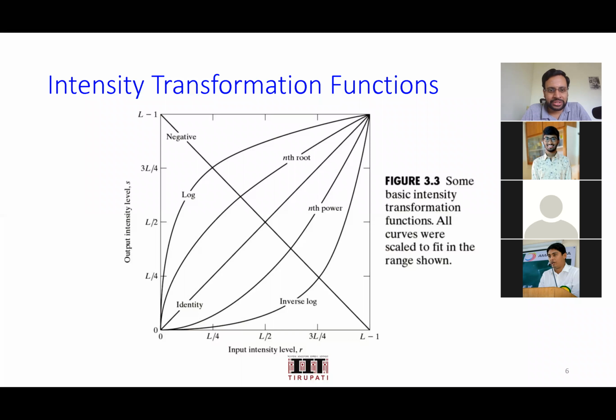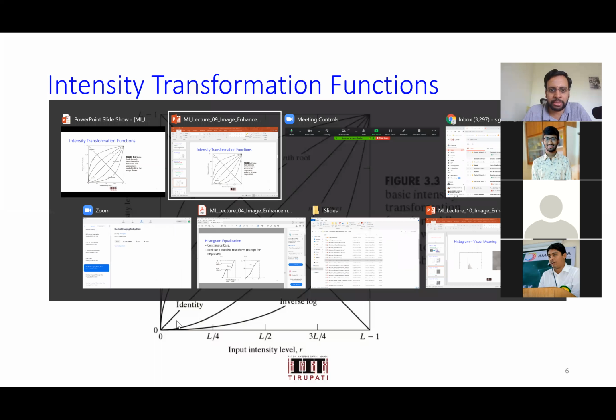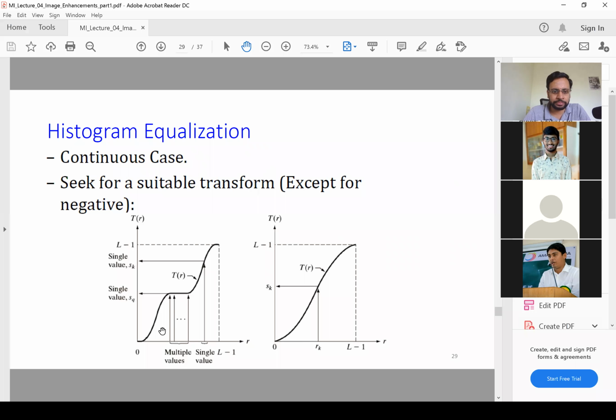Very good. So the next one: should it be strictly monotonous? Let me put it this way: what happens when it is strictly monotonous, and what happens when it is just monotonous, not strictly monotonous? I hope everyone is clear on what strictly monotonous and normally monotonous mean. If not, let me show you this curve here.